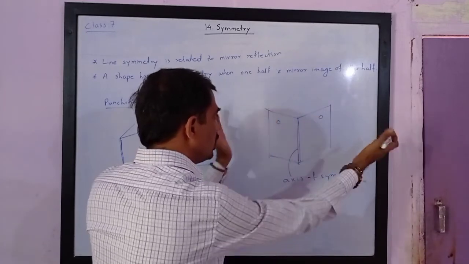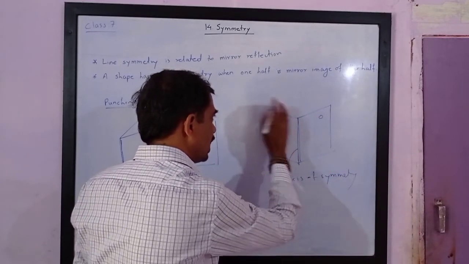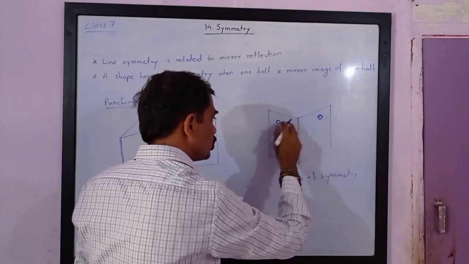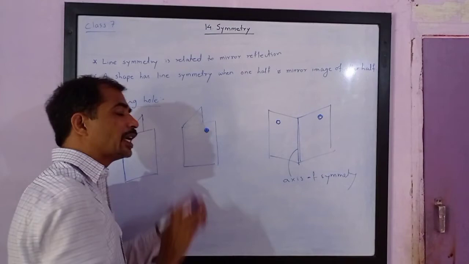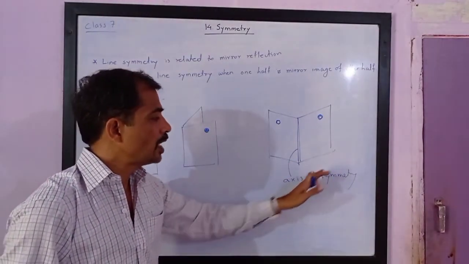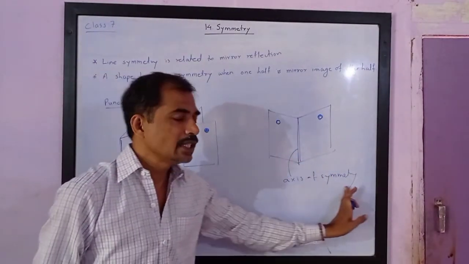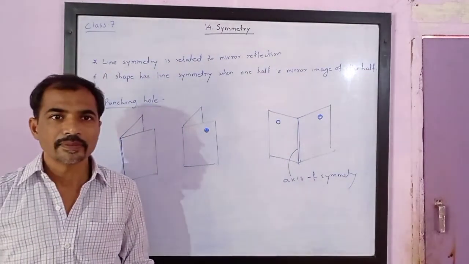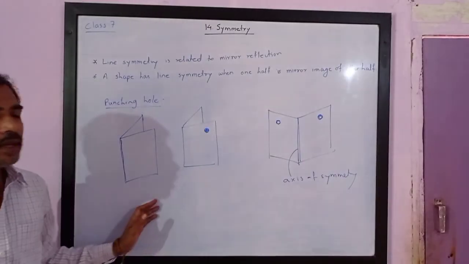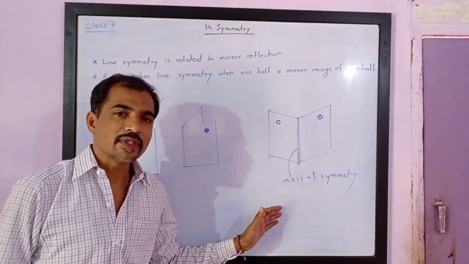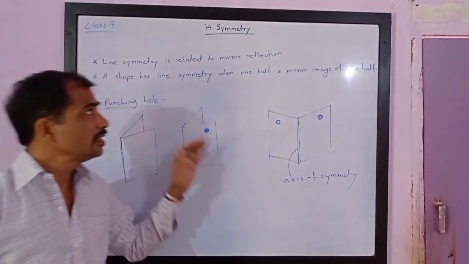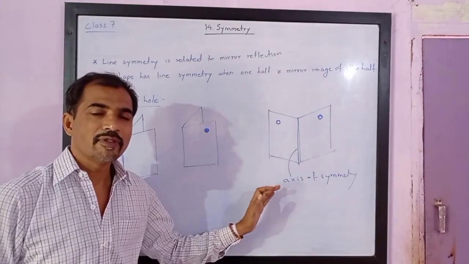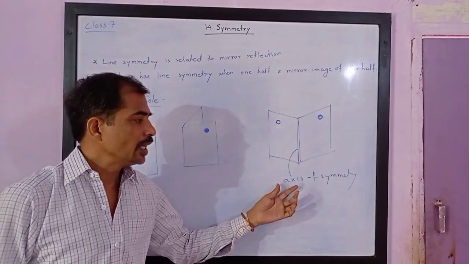Please note, the hole is punched on both sides at exactly the same location. So it will make exactly two equal parts. The fold is called the axis of symmetry or a line of symmetry. So this is all about lines of symmetry or axis of symmetry. Let us try to understand this line of symmetry or axis of symmetry with the help of certain examples.